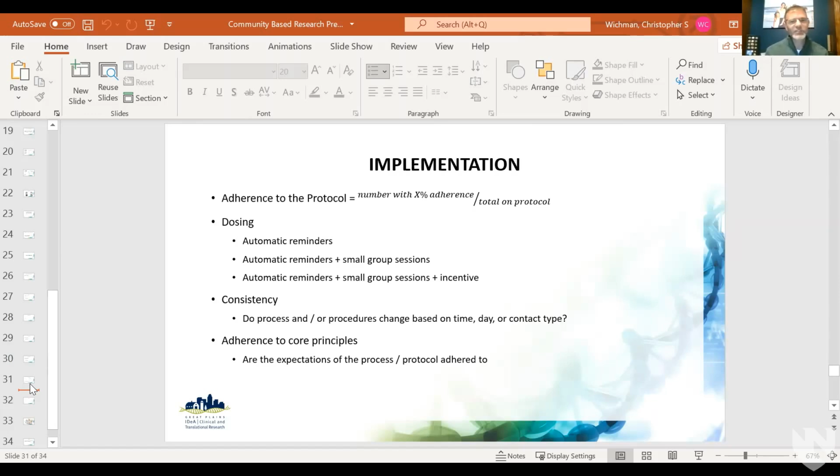Then the next thing we have is consistency. So if I look at the process and or the procedures, are they changing based on time, day, or contact type? One of the things that I've run into is that if you are looking at something that's a 24-hour operation, different, I'll just call them shifts, right? Different shifts have different amounts of responsibility or different amounts of burden.